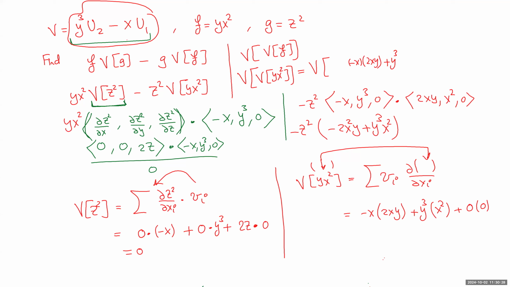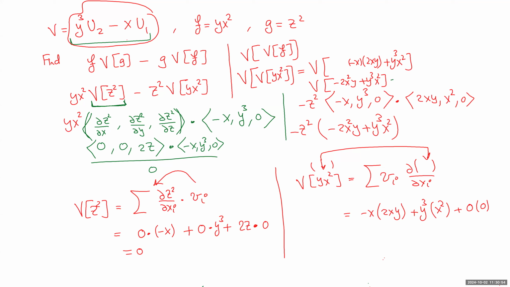We differentiate it with respect to y, so it's x squared. So now we have V of negative 2x squared y cubed x squared.